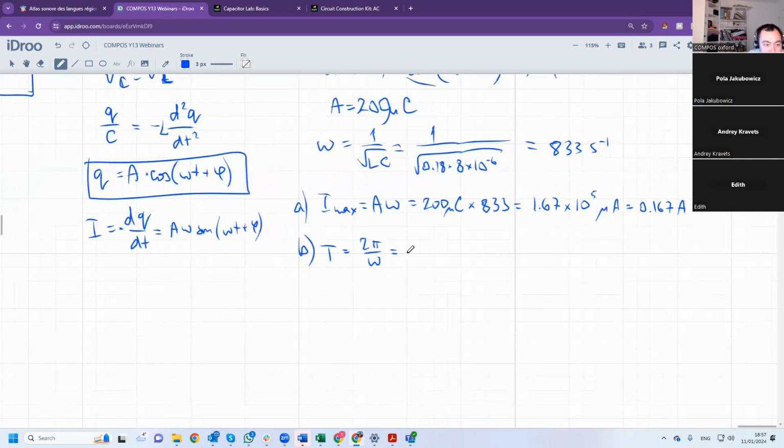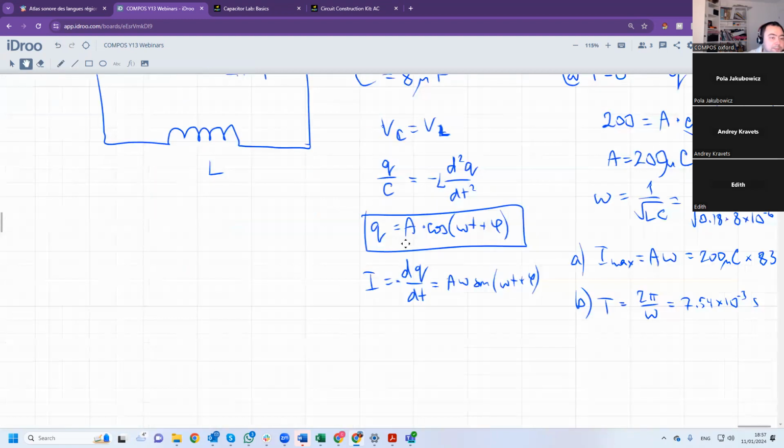So it's approximately 7.54 times 10 to the minus 3 seconds, and frequency is omega divided by 2 pi. So that is 133 hertz. Okay, that's the frequency.